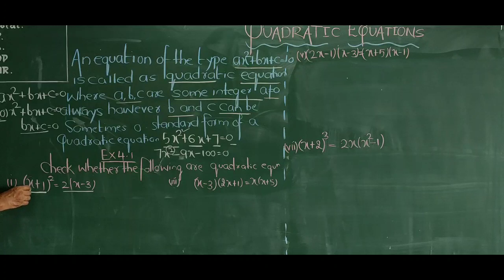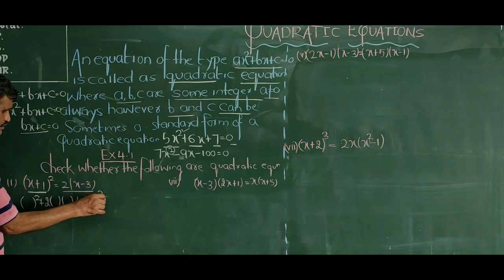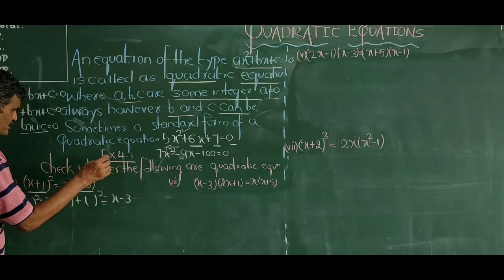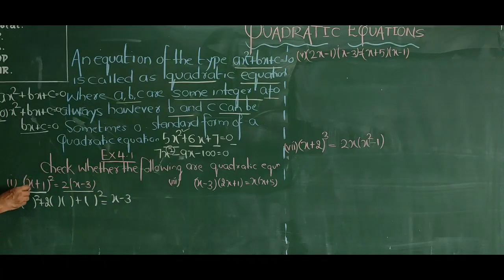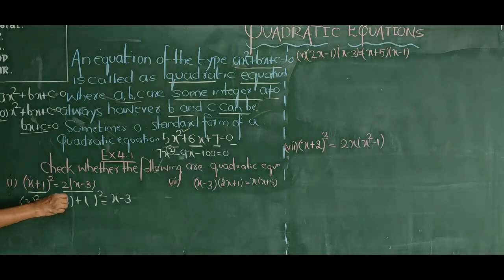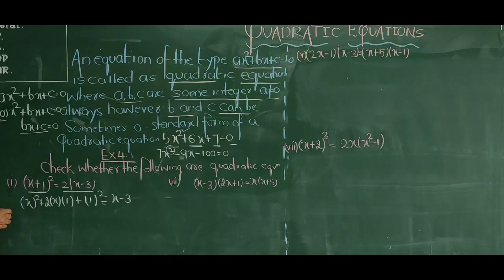How to check? See, this is of the type a plus b whole square. It can be written as a square plus 2ab plus b square, equal to 2x minus 3. So, in place of a, we put the first term x, and in place of b we put 1. If I solve it, this becomes x square plus 2x plus 1 is equal to 2x minus 3.